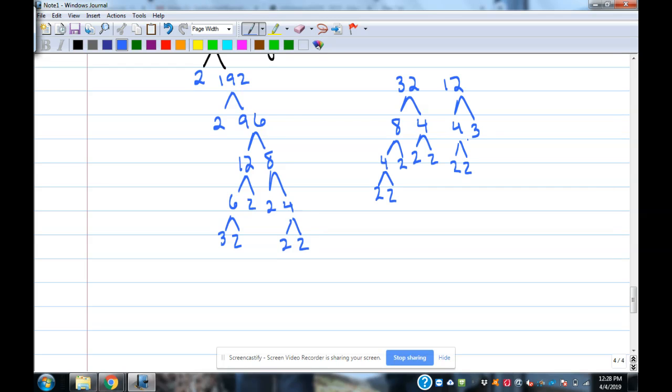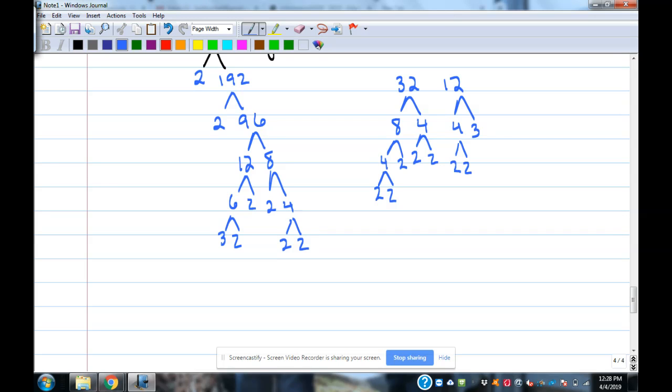You still have 1, 2, 3, 4, 5, 6, 7 2s, and 1 3. Same end result. The end of the tree is the same. What the branches look like is a little different, but the end result's the same.